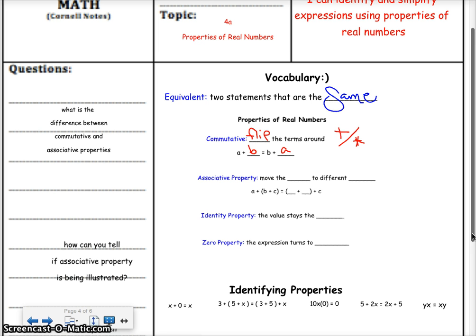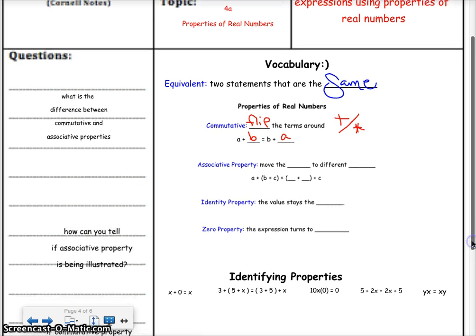The next thing is associative property. Associative property means that you move the parentheses to different numbers. So that is grouping new numbers together. Associating new numbers together. I think of that root word associate, like who's in the group. Right now, on this first example, B and C are associating together.